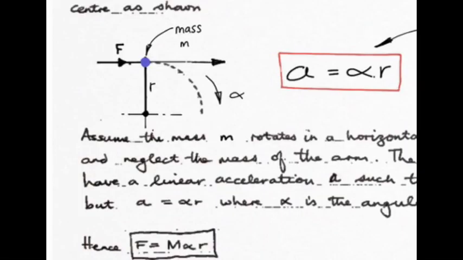Now we will seldom be analyzing a small spot of mass all by itself rotating about an axis. We'll rather be looking at different shaped rotating objects, such as a flywheel, for example, or a pulley or whatever.